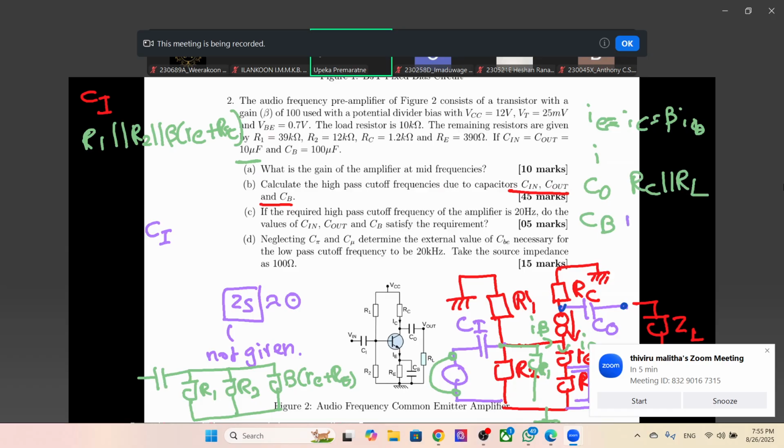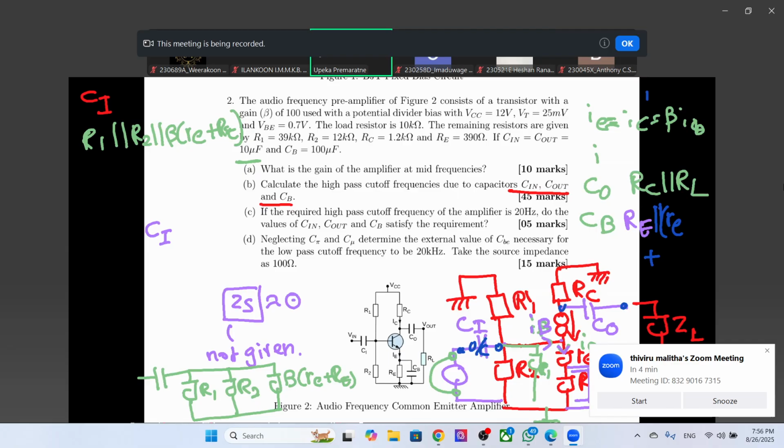So we have RE, and here also we have IE going through here, but IB going through here. So this is open circuited. So we have RE parallel to simple RE plus, now this is IB.